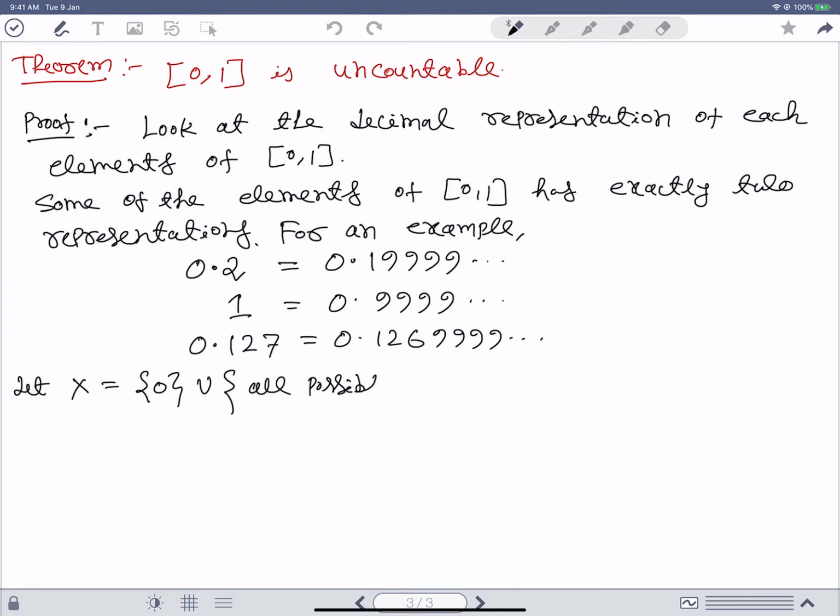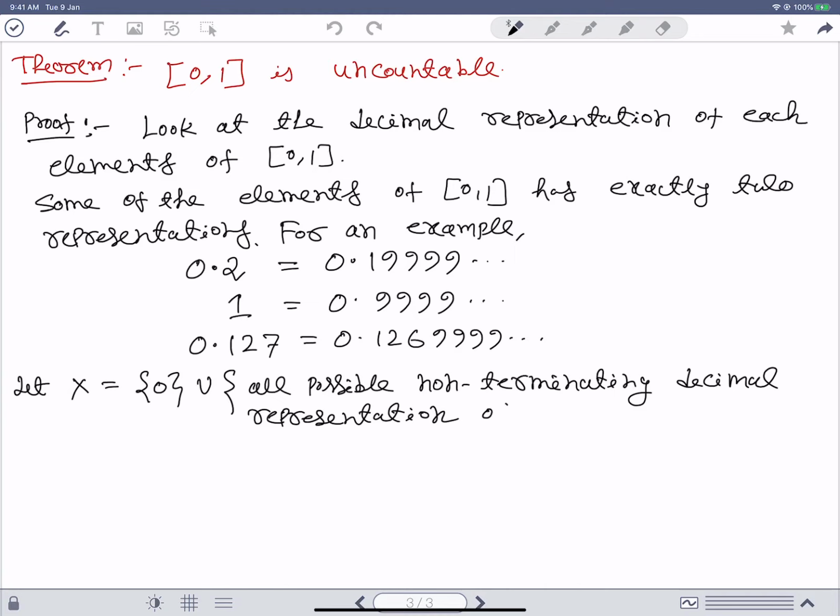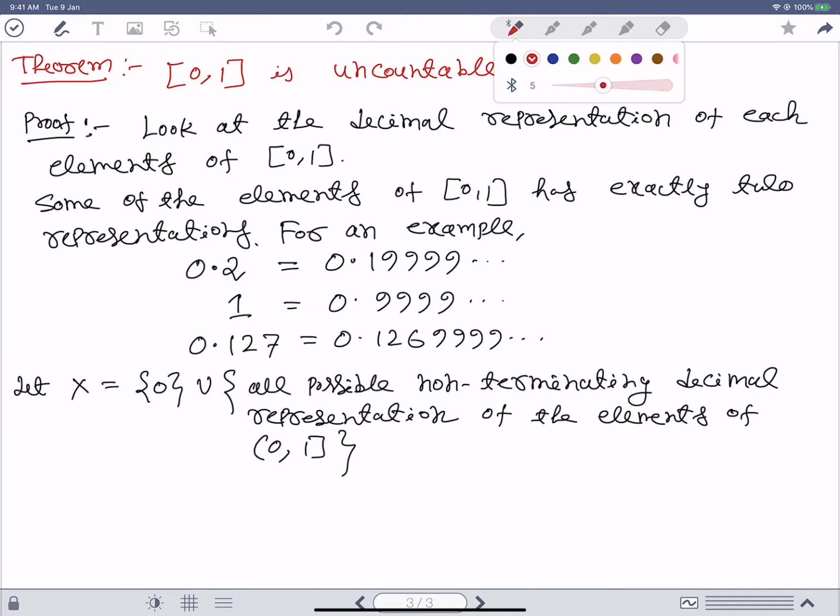Now let X be the collection of the set 0 and all possible non-terminating decimal representations of the elements of the half-open interval 0 closed 1. That means in this collection X we consider 0 and we will not consider 0.2, we will take the other representation.